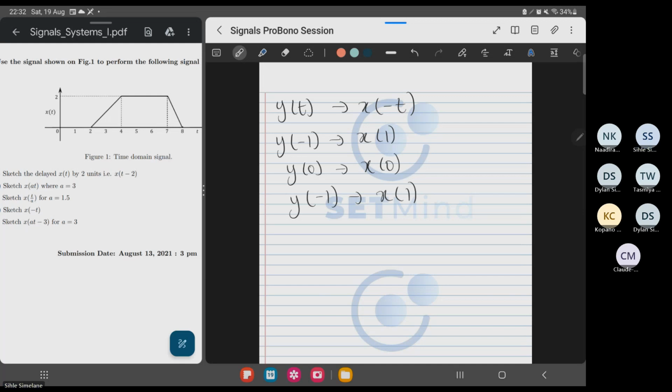So let's quickly see what is going on here. If we increase y in the negative direction, x is increasing in the positive direction. So the third one should be 1, y of 1, and x of -1. Let me quickly look at what you are saying.